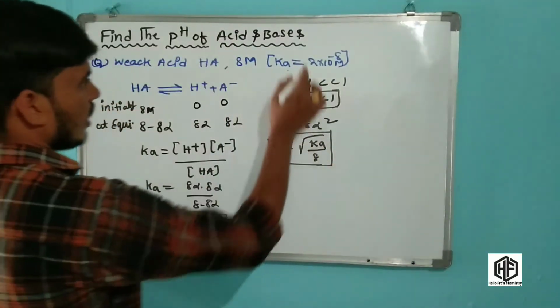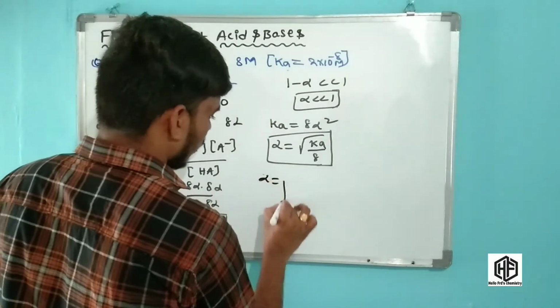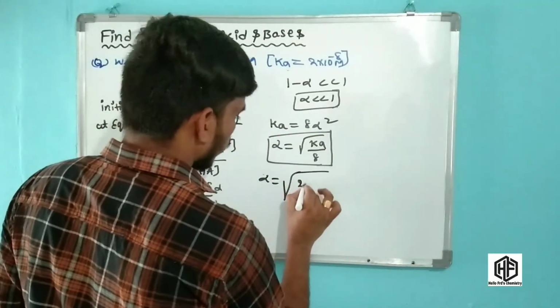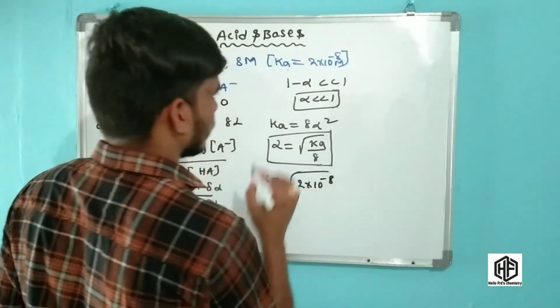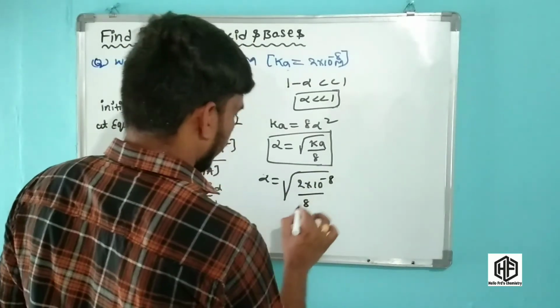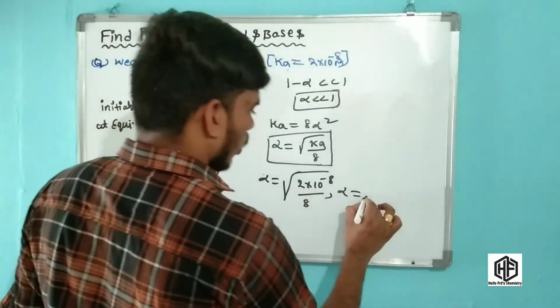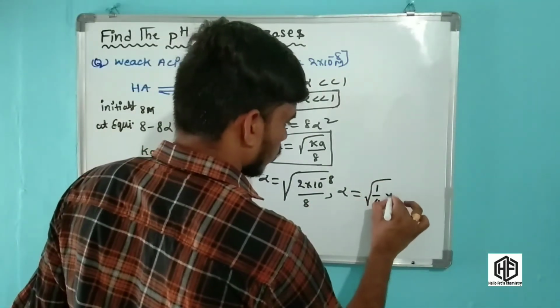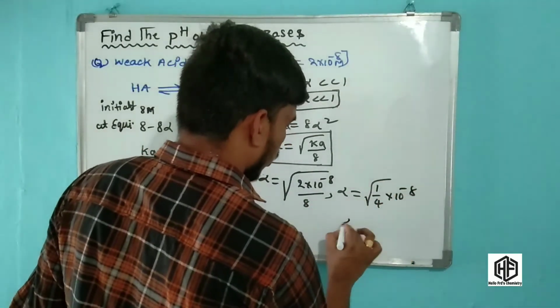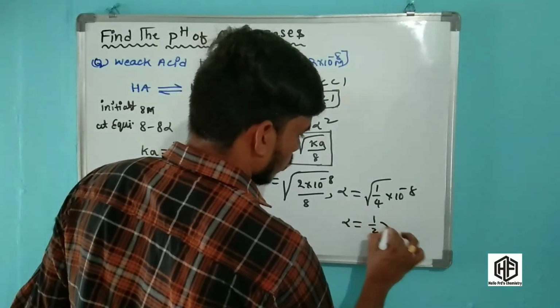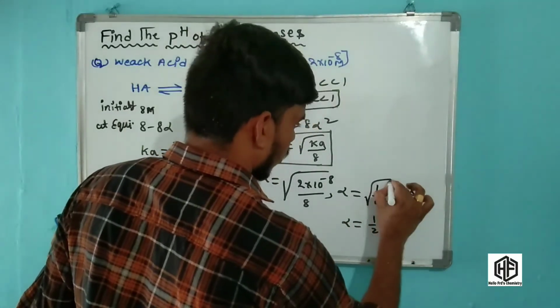Now Ka value, friends, is 2 into 10 to the power of minus 8 molar divided by 8. Now alpha is equal to what, friends? 2 ones are 2, 4 twos are 8, so root over 1 by 4 into 10 to the power of minus 8. Now alpha is equal to 1 by 2 into 10 to the power of minus 4.